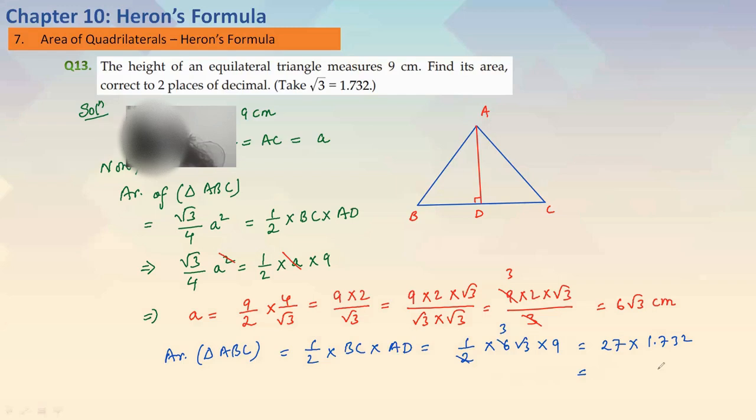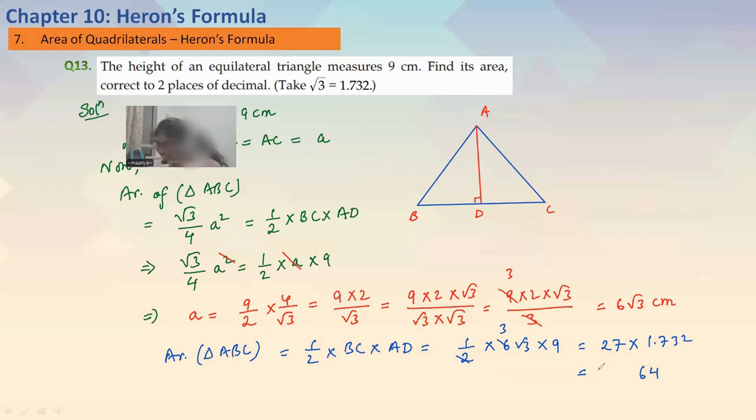1732 into 27. 7, 6. What did you get? 4, 2, 3, right? 46.764.